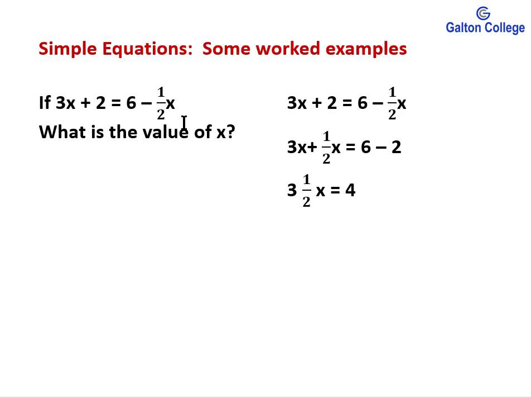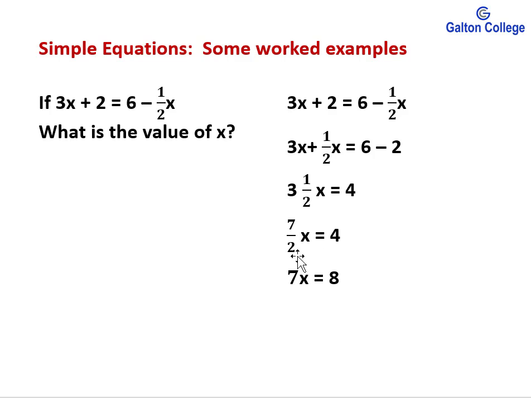3.5x equals 4. We've got 3x plus a half an x, which is 3.5x. 6 minus 2 is 4. 3.5 is 7 over 2x: 3 times 2 is 6, add 1 is 7, so 7 over 2, which is the same as 3.5. So 7 over 2x equals 4.